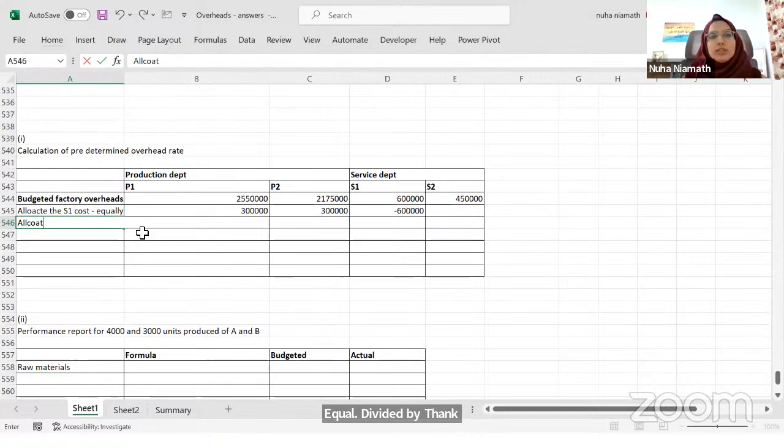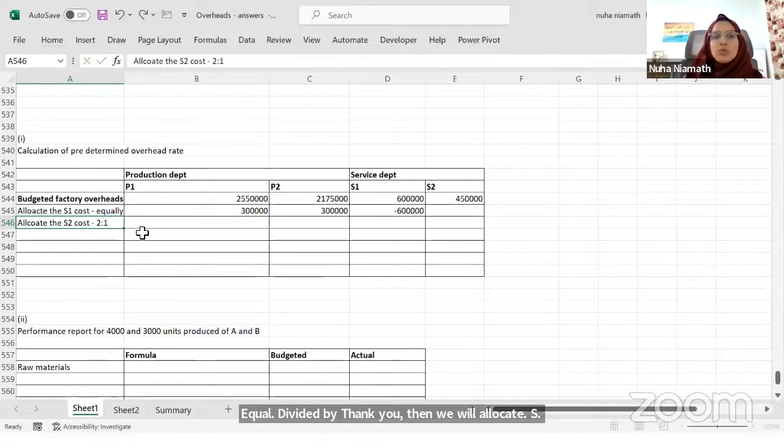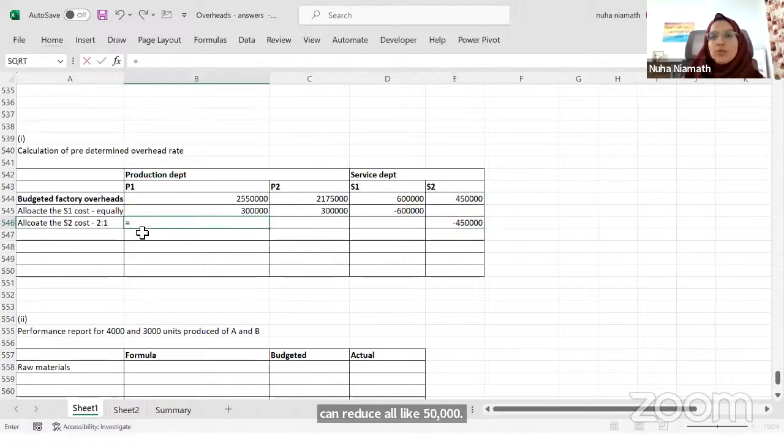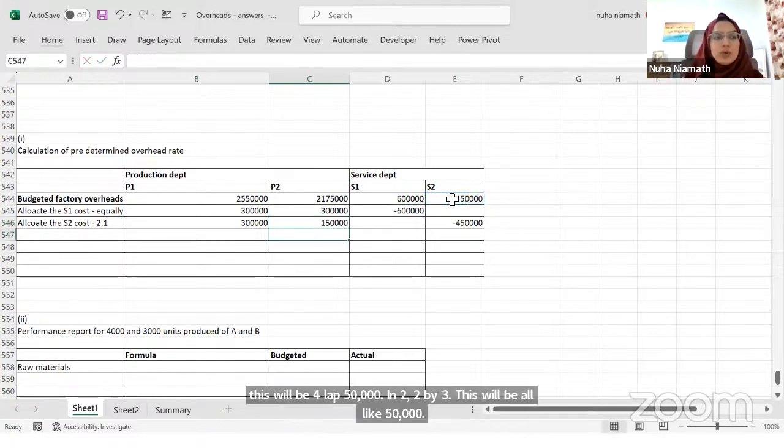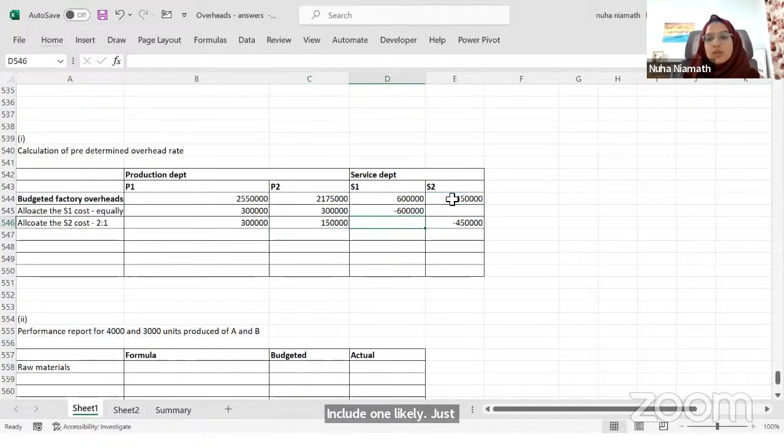Then we will allocate the S2 cost and we will split it in the ratio of 2:1. So we will reduce the 4,50,000 and this will be 4,50,000 into 2 by 3, which is 3,00,000, and 4,50,000 into 1 by 3, which is 1,50,000. Both S1 and S2 will then be 0. So this is our first step.